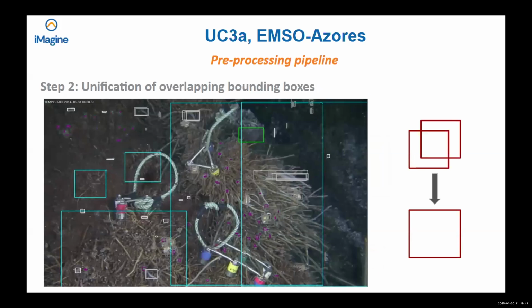As images have been annotated by several citizens, we decided to unify the annotations, and to do that we used a program based on intersection over union, which is a metric that measures how much two bounding boxes overlap.